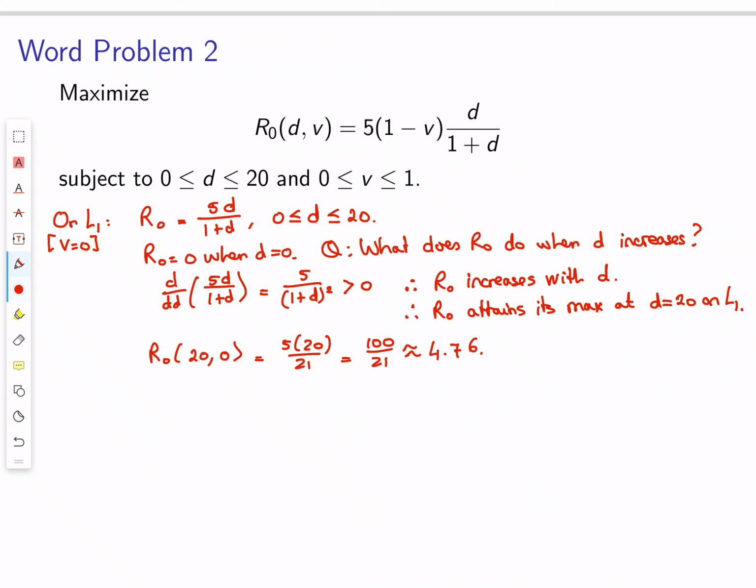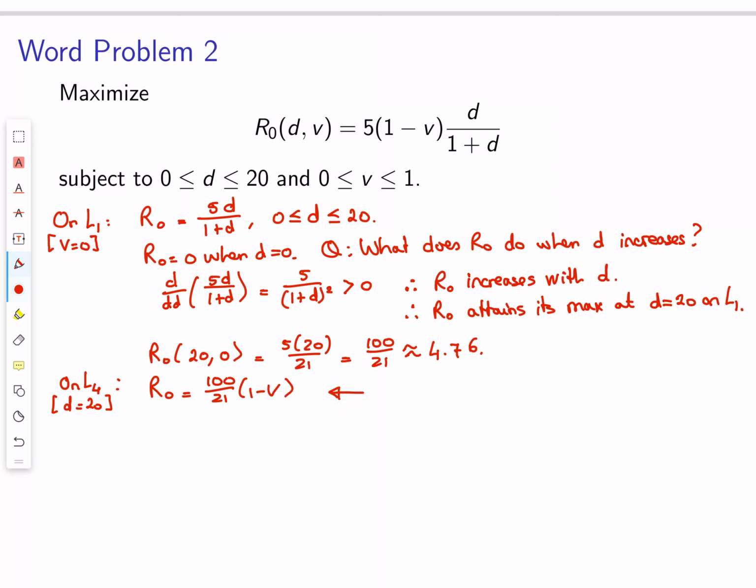That's certainly larger than 0, so at the moment this is the largest value of R naught that we've found. Then we'll take a look at L4. On L4, D is equal to 20, and R naught is equal to 100 over 21 times 1 minus V.